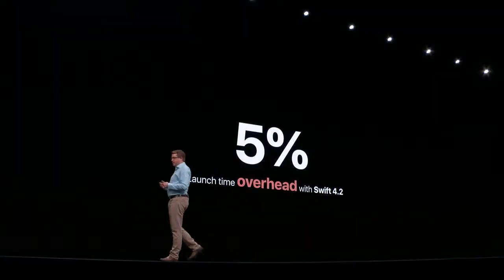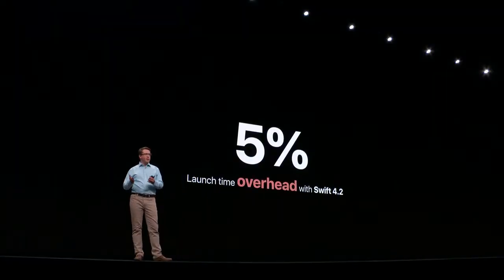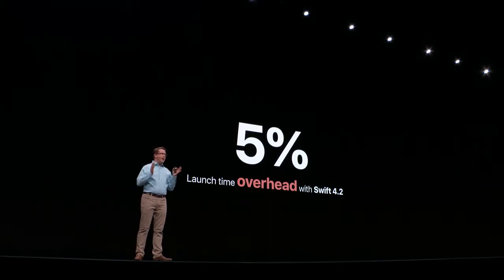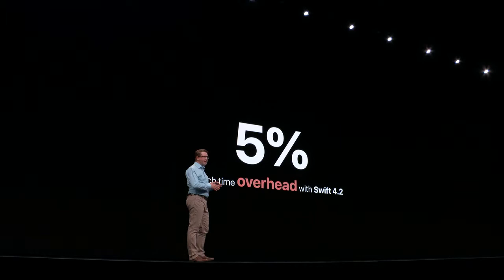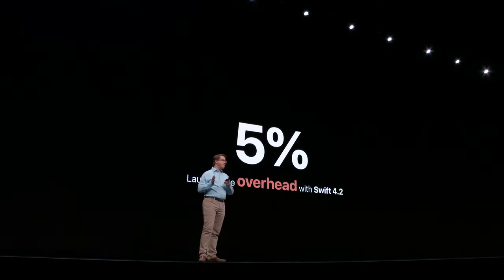So let's rewind back in time a year ago. We talked about Swift 4.2. And if you take an Objective-C app that does nothing, it just starts up, does nothing at all, and a Swift app that's similarly has no function, it just starts up, there's about a 5% overhead of using Swift because of the work needed to handle that embedded runtime.